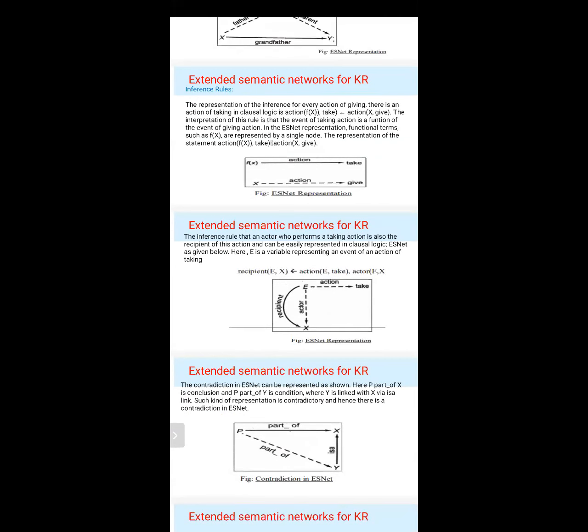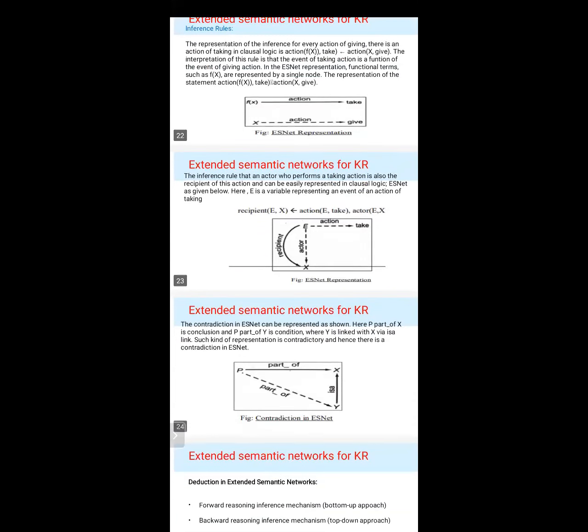So E is a variable. It represents the event of an action of taking. Recipient of E comma X means X is the recipient of E. Next, action of E comma take means E performs some action, that is take.